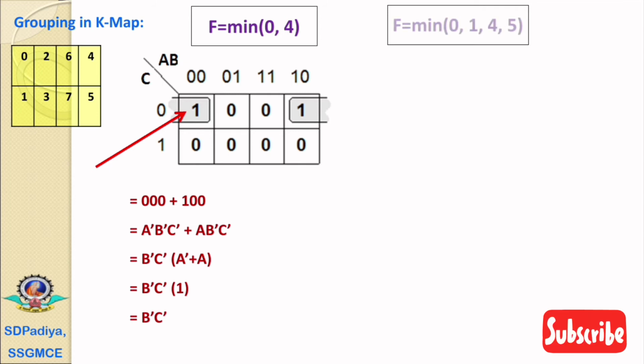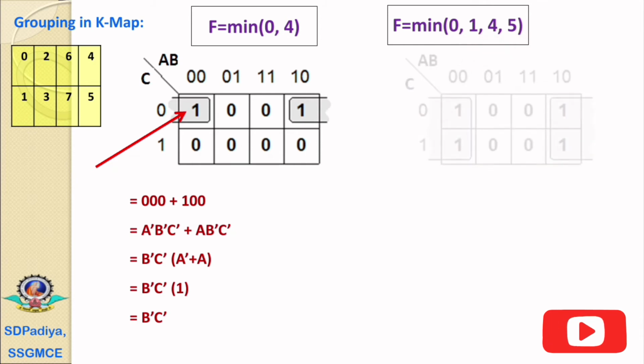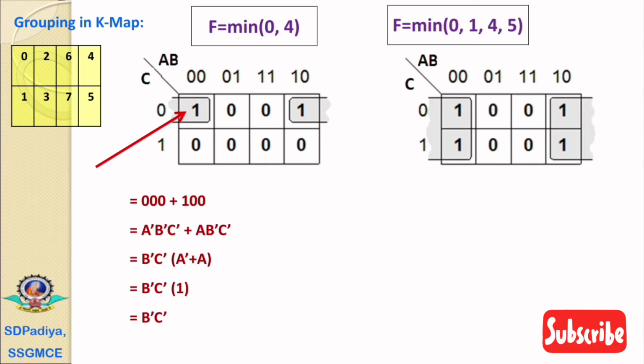Now, the next is to find the simplified expression for the min terms 0, 1, 4 and 5. For the cells with the designations 0, 1, 4 and 5, we have entered 1.